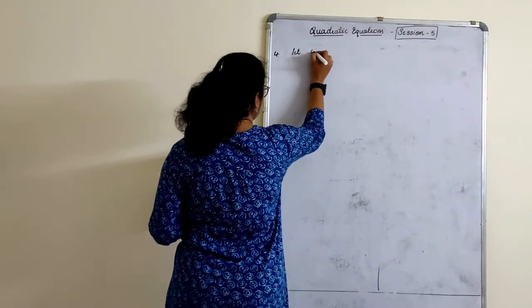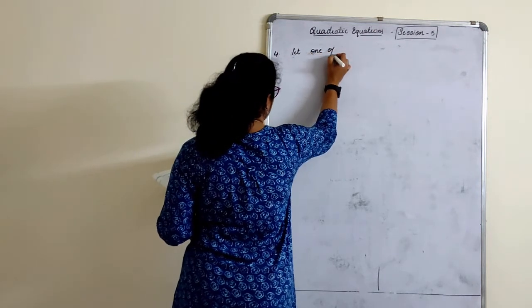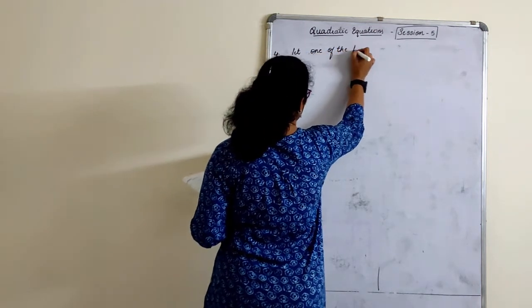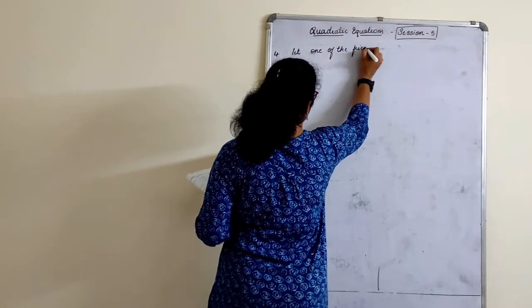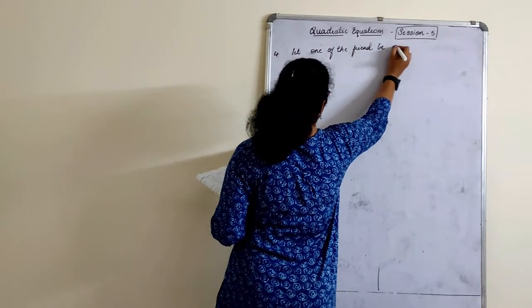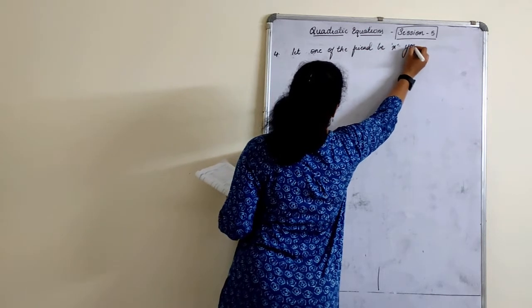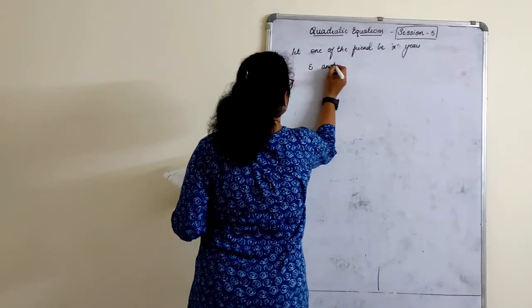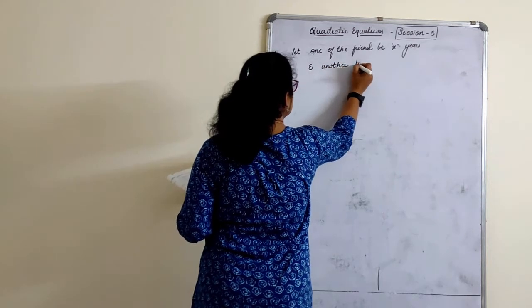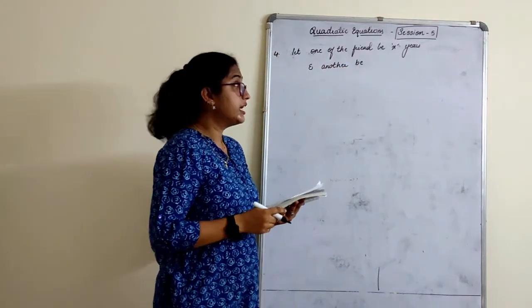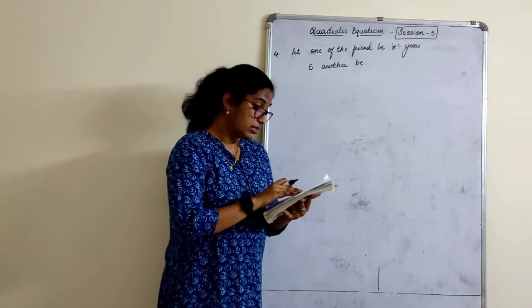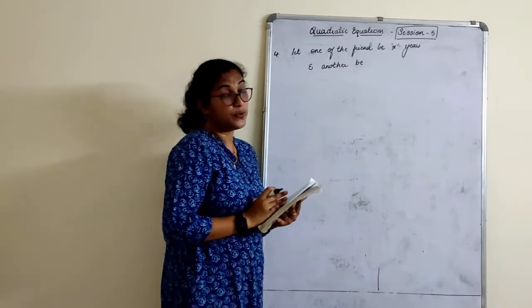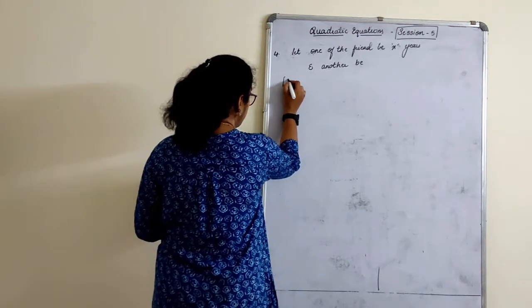Okay, let one of the friends be x years and the other, okay, the conclusion here, x minus what is it? The sum of the ages is 20 years: x minus 20 or 20 minus x. We'll first write the reason.